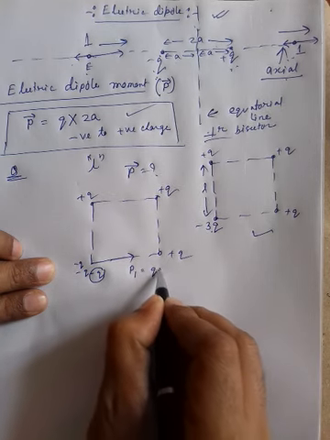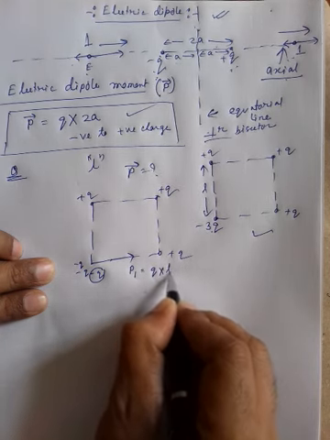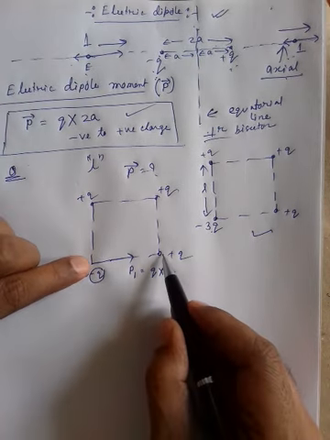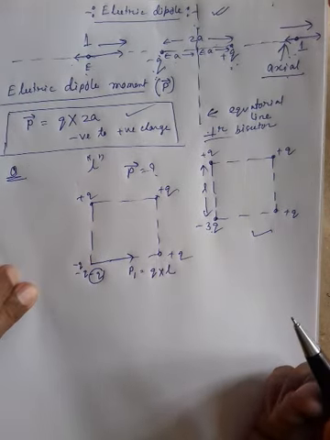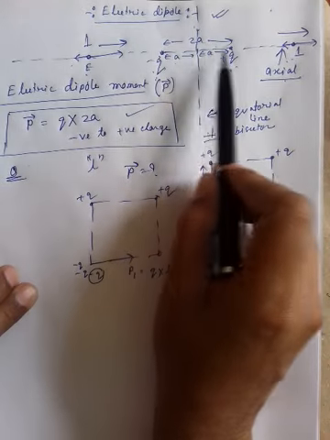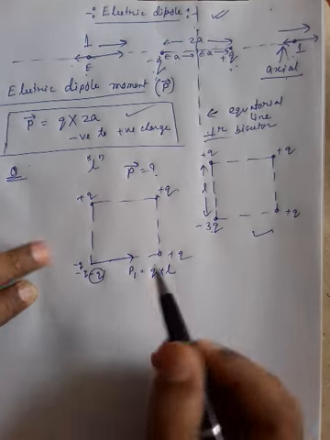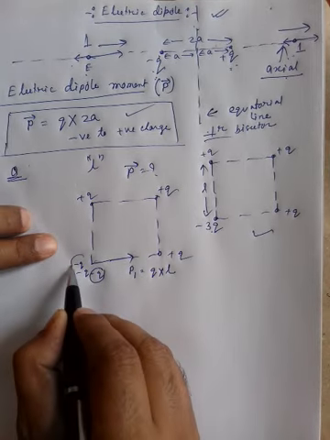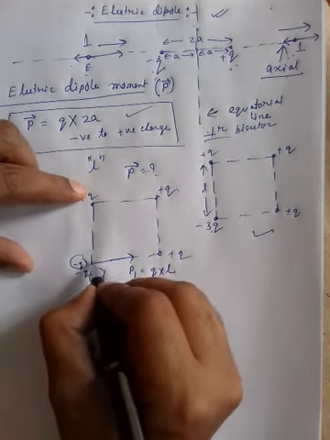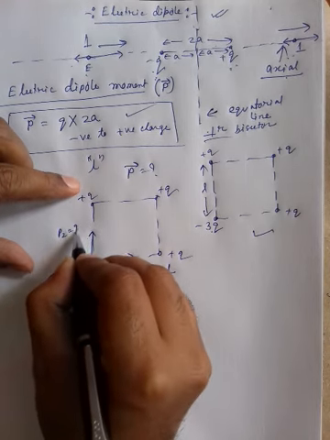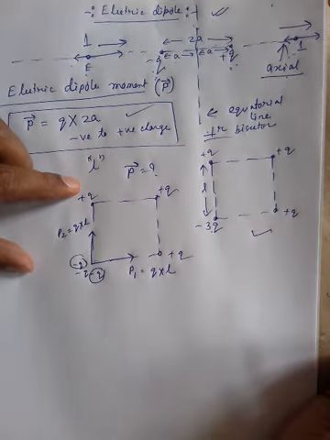The value of this one is q into L. Dipole moment is q into separation. Here separation is L. Direction is always from negative charge to positive charge. Similarly, this minus q and this plus q will form a dipole on this side. I am writing P2. The value of this one is also the same, q into L.